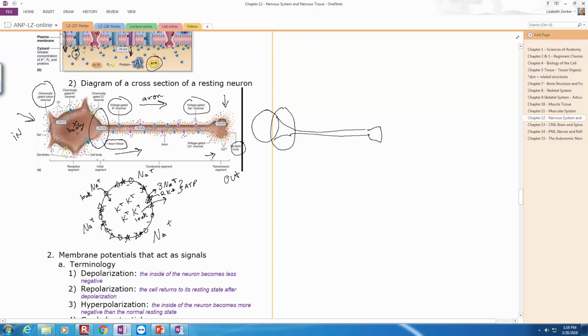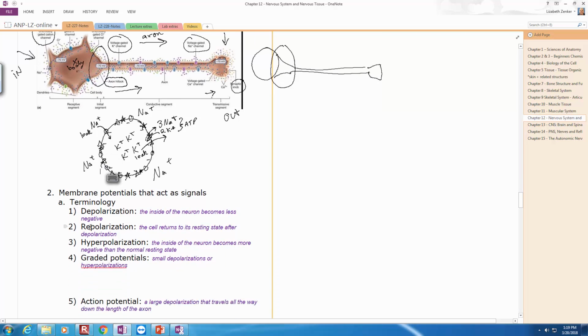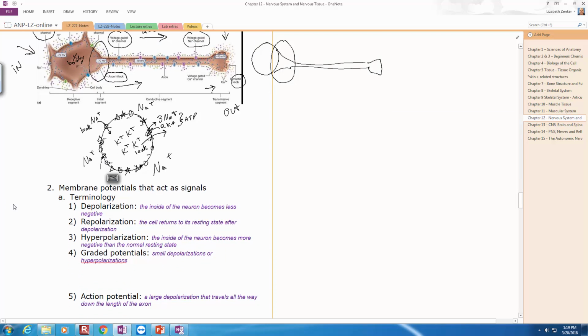Now let's talk about membrane potentials that act as signals. First we have to talk about some terminology. I think we used some of this a little bit before when I said depolarization. That is when the inside of the neuron becomes less negative. Our resting membrane potential is -70.